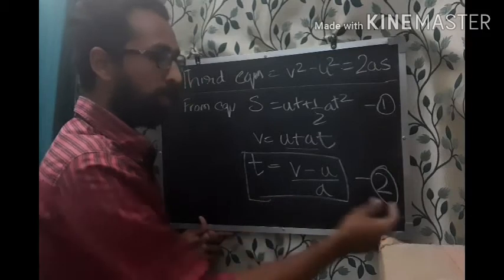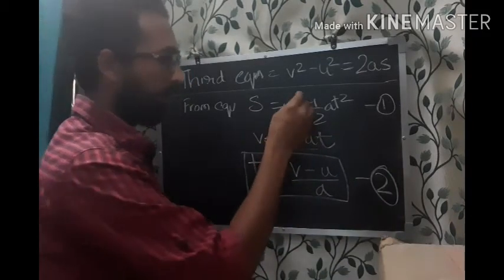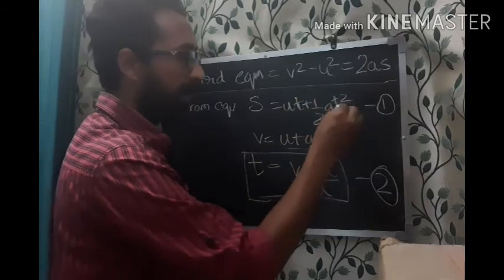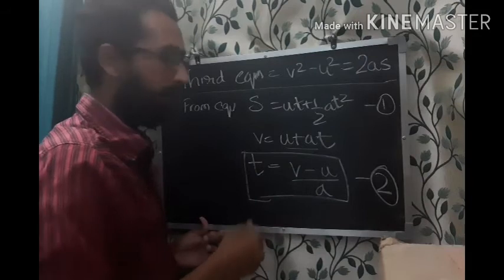Now I will substitute this second equation in the first one. Instead of t, I will write this value which we have found out.